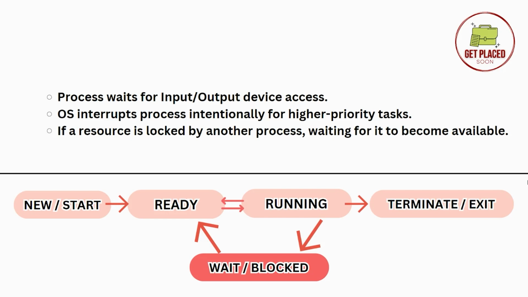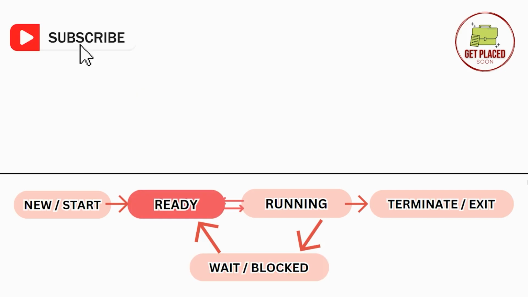For example, if there is some other process that has to be completed immediately, then the OS intentionally stops the running process and shifts it to the wait stage. Or if a resource is locked by another process, then the process will come to the waiting stage until it gets the resource. Once it comes out of the waiting stage, it will again go to the ready state, and from there it will again go to the running state.